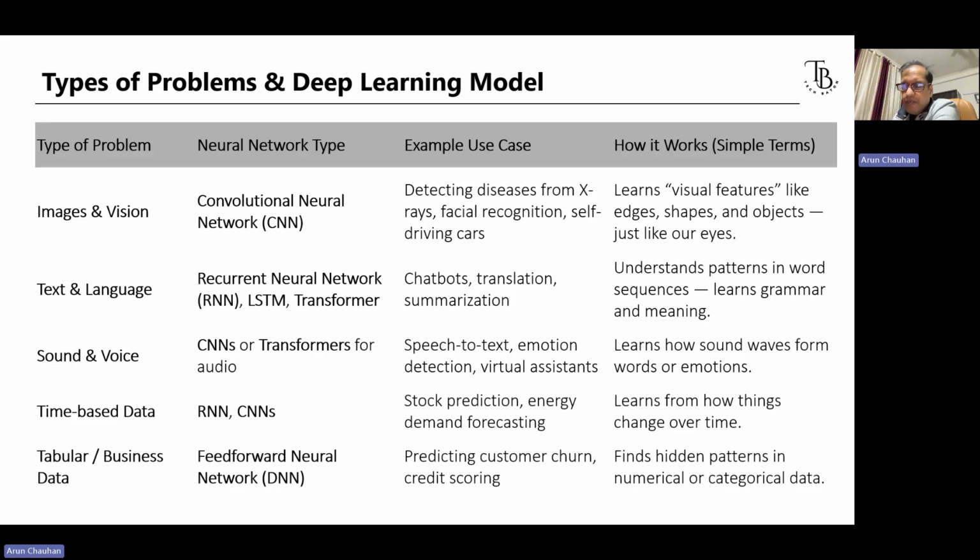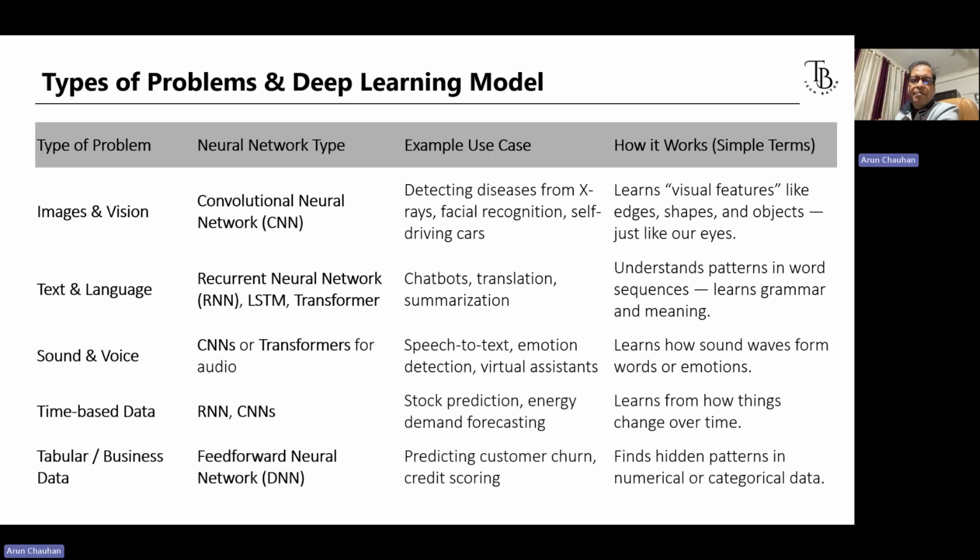It is there in Word, and has been there in Word since long. Emotion detection is something which is now available in many visual word editors. They learn how sound waves form, the association between the words, the emotion, and the sound waves.